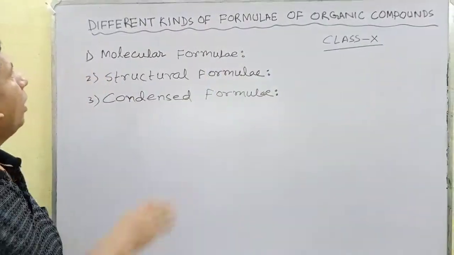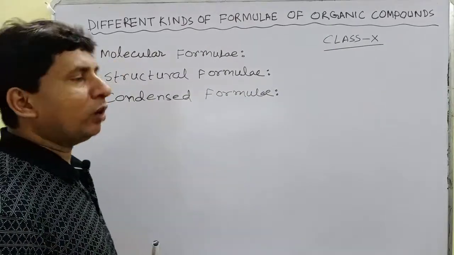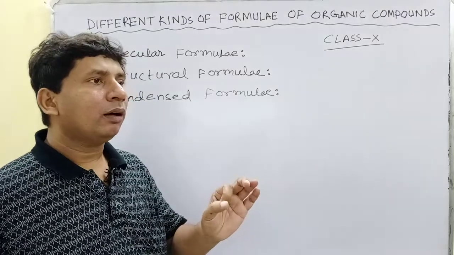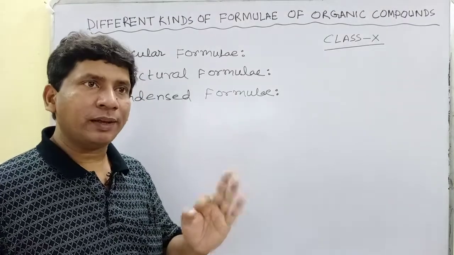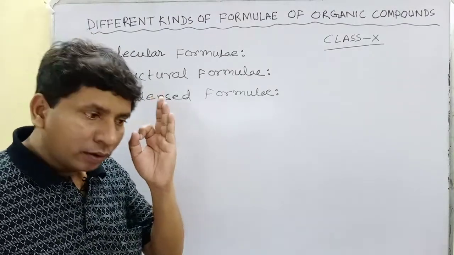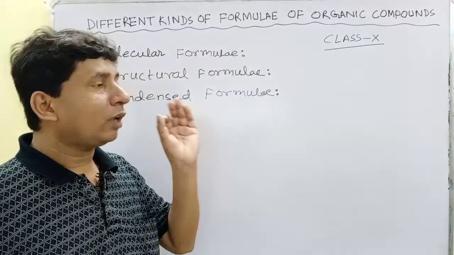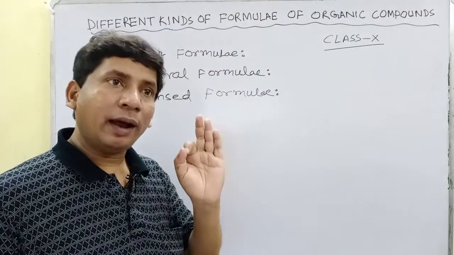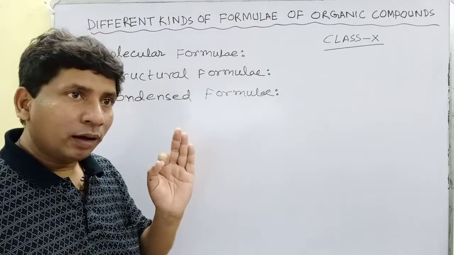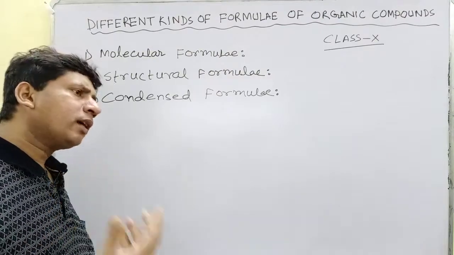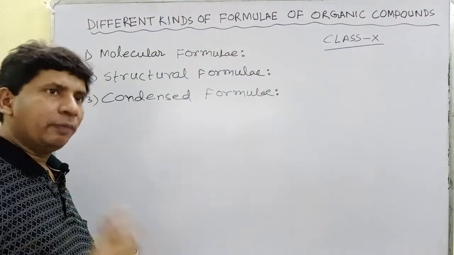What is the molecular formula? Molecular formula is the formula of a compound in which each symbol represents an atom, and the numbers give the total number of atoms of each kind of element.